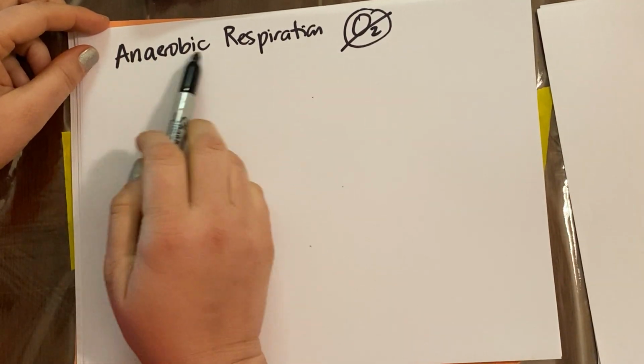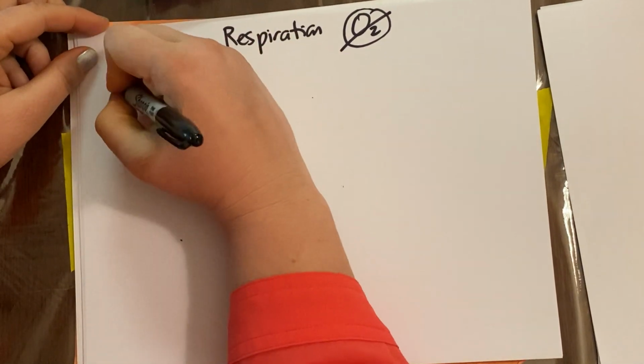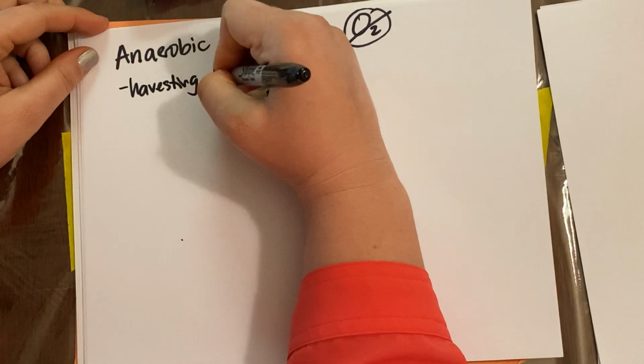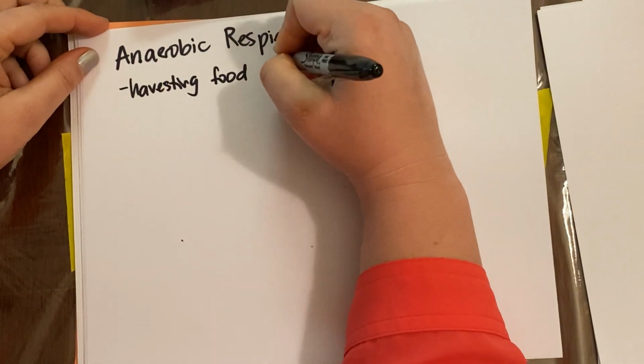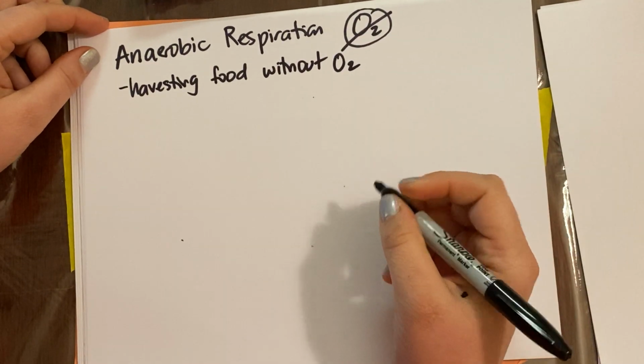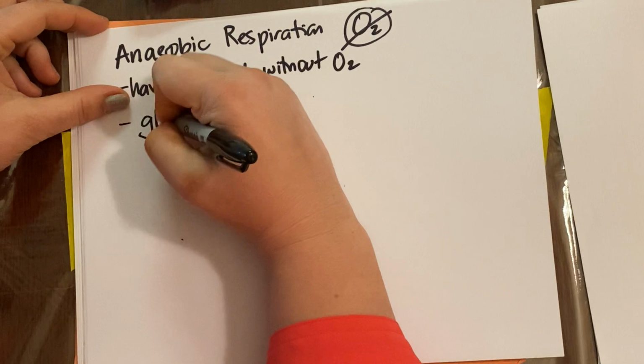Okay, and in front of aerobic, so this means oxygen, an means no oxygen. Okay, so this is the process of harvesting food without oxygen. Okay, so what this process does is all it does is glycolysis.